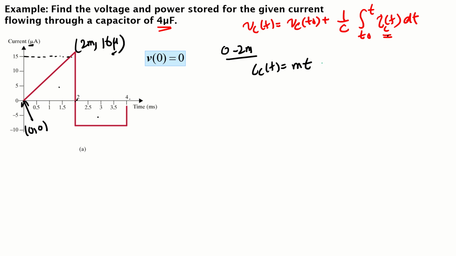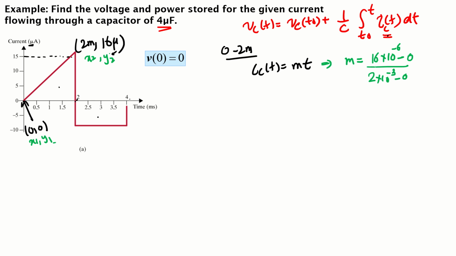All right, let's find out the slope. So what is the slope here? This is X1, Y1, and then that will be X2 and Y2. So Y2, 16 micro, minus Y1, which is 0, divided by X2, which is 2 milli, minus 0.